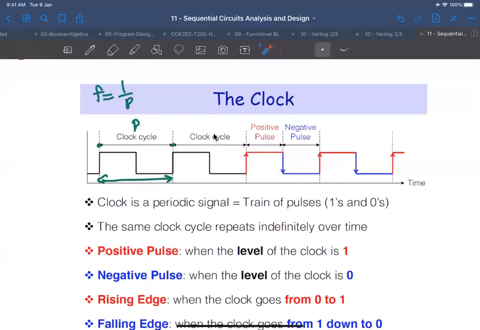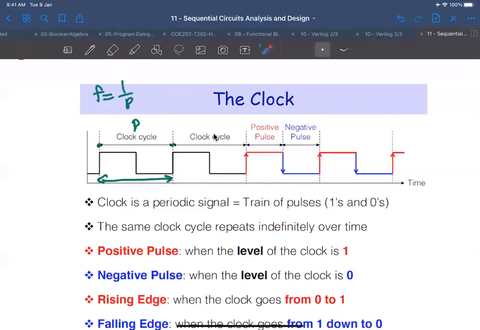We have this rising edge, this rising edge, this and this. The falling edges are this, this, this, and this.